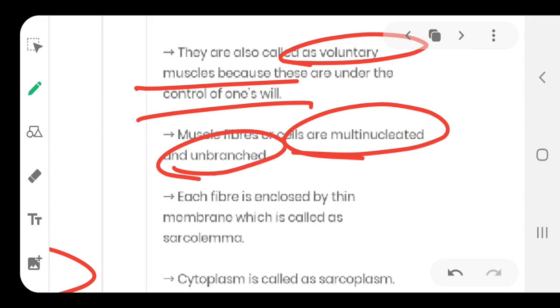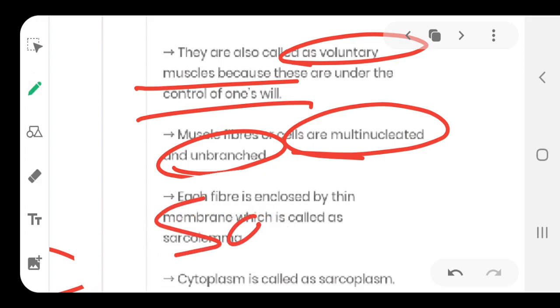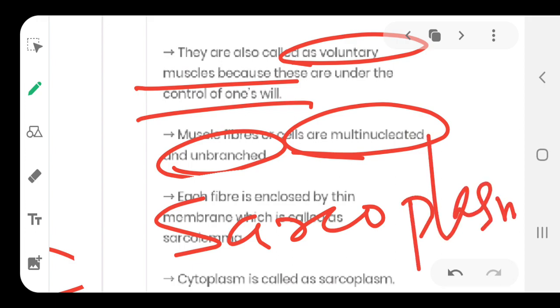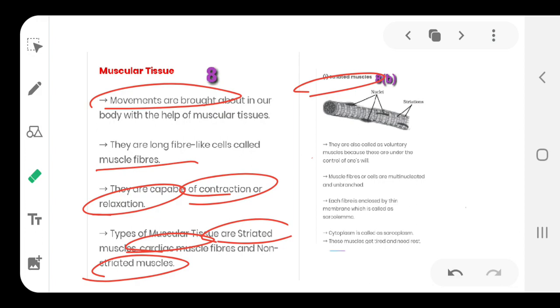So these are some features of the cells of this tissue, and they have a thin membrane, which is called the sarcolemma. Here is a new word in muscular tissue, sarcoplasm, because here the cytoplasm is called sarcoplasm. So write down the word sarcoplasm, SARCOPLASM. So here we call the cytoplasm in muscular cells sarcoplasm, okay? And that is as far as striated is concerned.